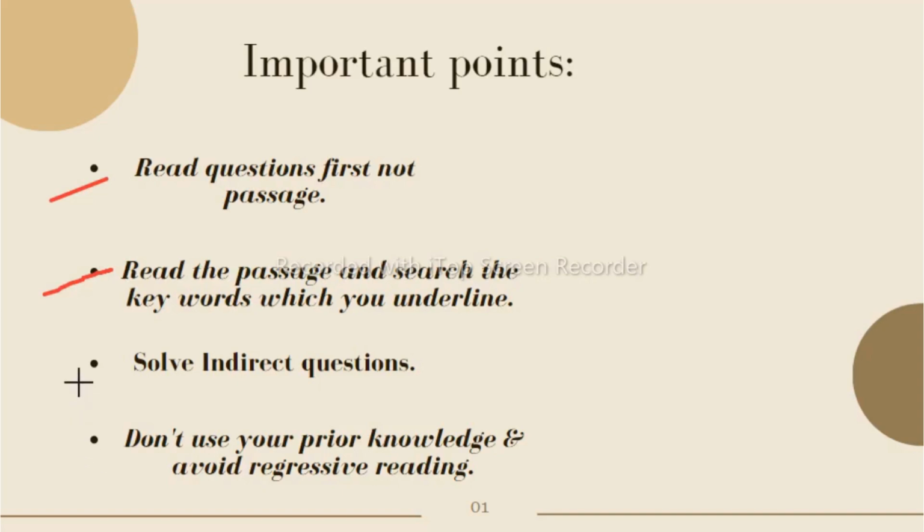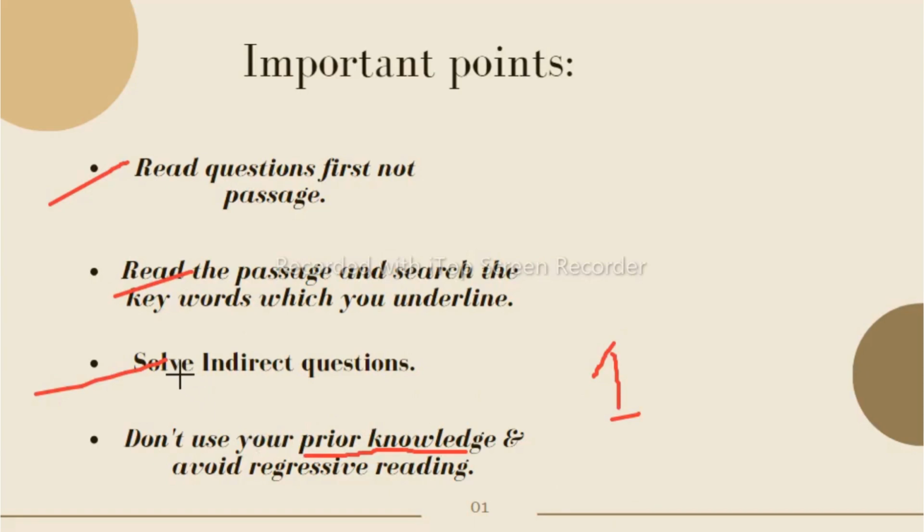Now the third point is how to solve the indirect questions. Mostly they will ask only one indirect question, and that will be from the passage only. Here you should not use your prior knowledge, meaning if you know anything about the given passage before, you should not use that prior knowledge. You have to answer the indirect questions from the passage only, not from your earlier information or knowledge.